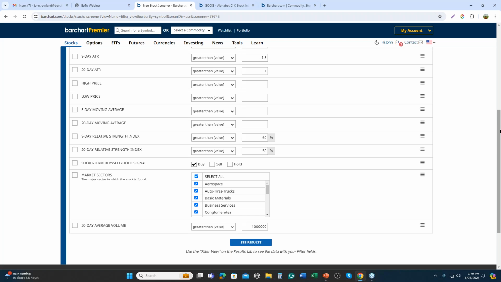For instance, over the last few days, as I've gone through this exercise, I've noticed a lot more of our tech stocks have been regaining market momentum. So as a day trader, if I have a bias, then I would maybe sort based on, let's say, my computers and technology sector.